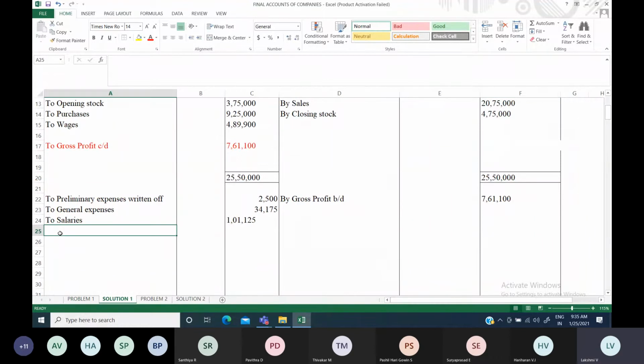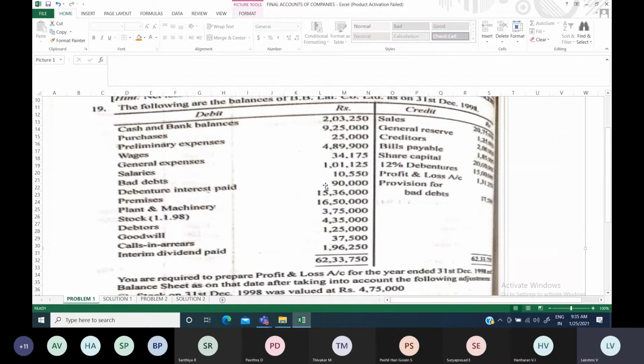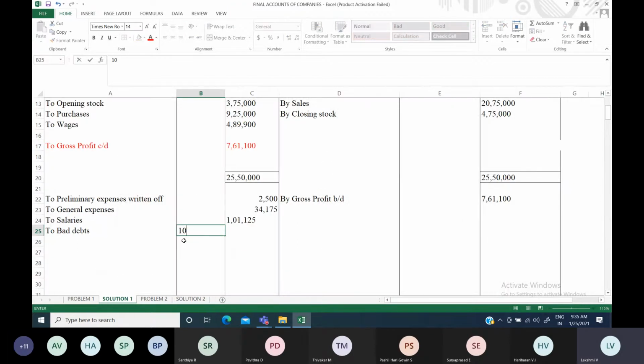Here, first thing, if you see, after salaries, bad debts are given to you. So you have to put bad debts here. The bad debts amount is 10,550. Whatever is given here is considered the old bad debts, because whatever we have in the trial balance is known as old bad debts.